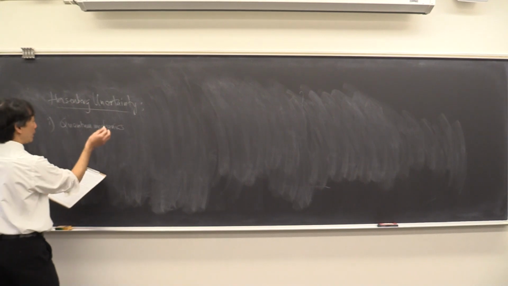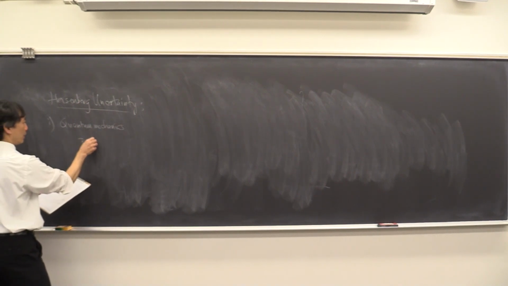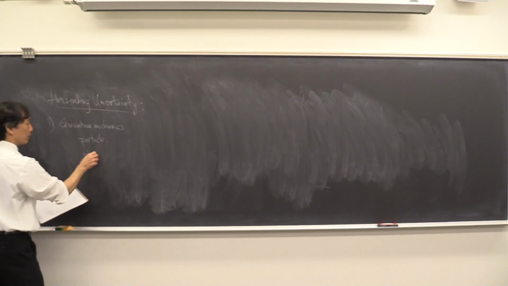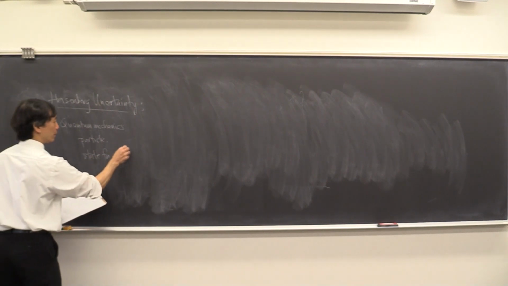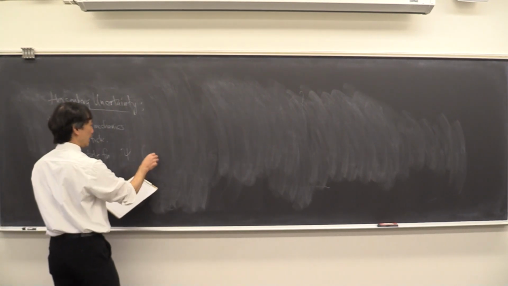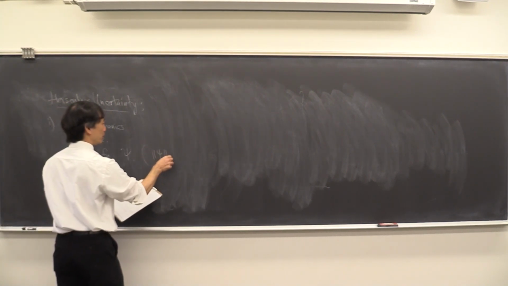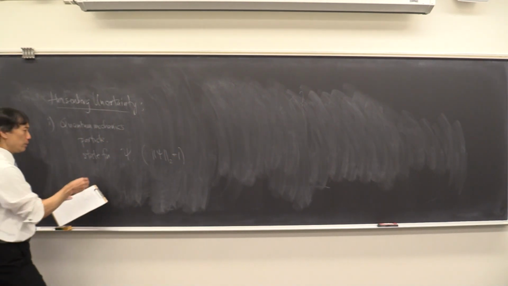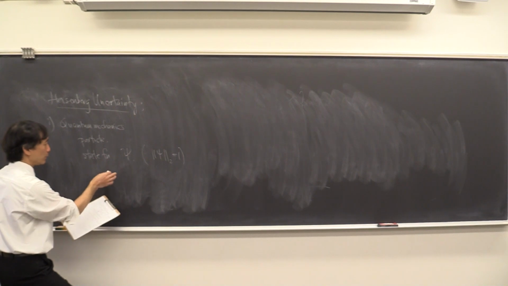So you have a particle, and you have this thing called the state function of the particle, which is something of L2 norm 1. The state function gives you certain information.